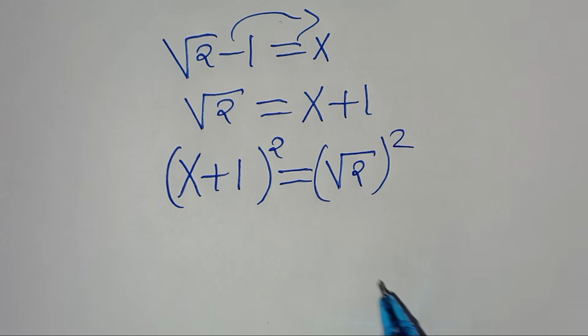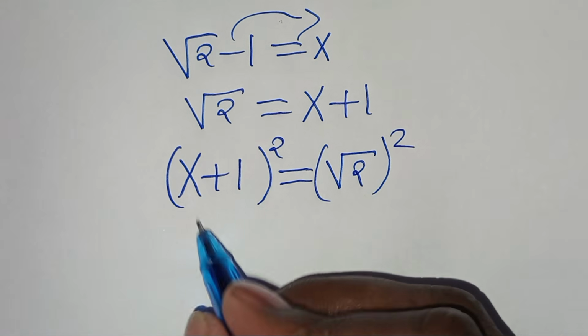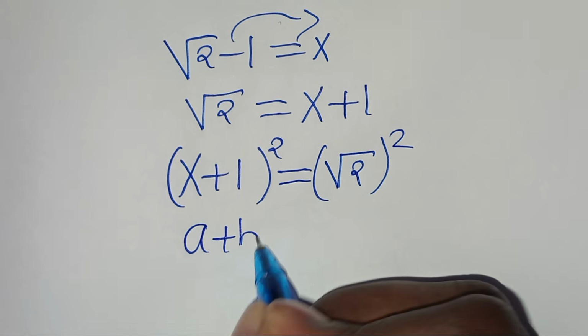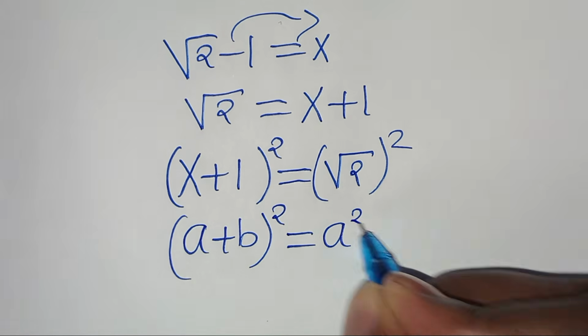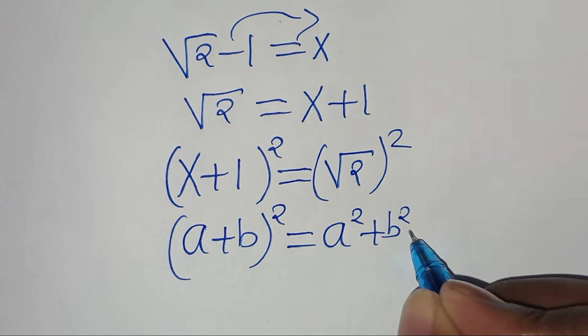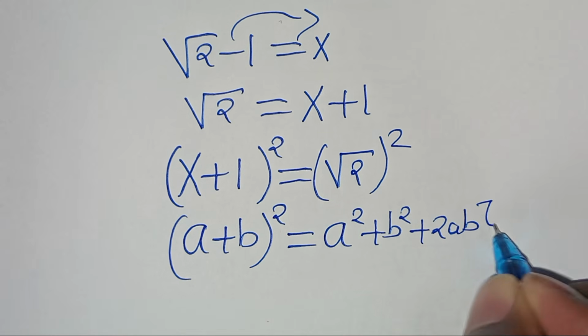So now x plus 1 to the power of 2 is in the form of a plus b raised to the power of 2, which can be expressed as a squared plus b squared plus 2ab.